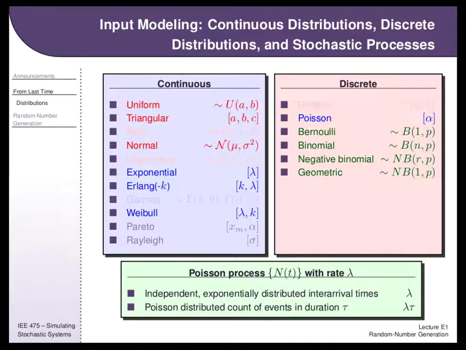So that's why I want you to get, at least for this class, these bold models: uniform, triangular, normal, this exponential family, exponential, Erlang, Weibull, and the Poisson process, and then on the discrete side, Poisson, Bernoulli, binomial, negative binomial, geometric.